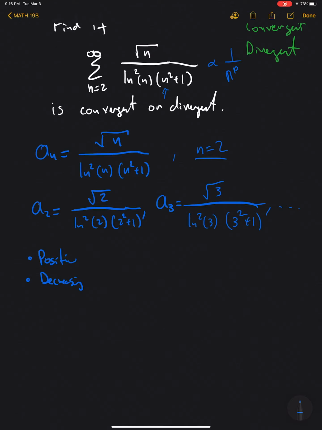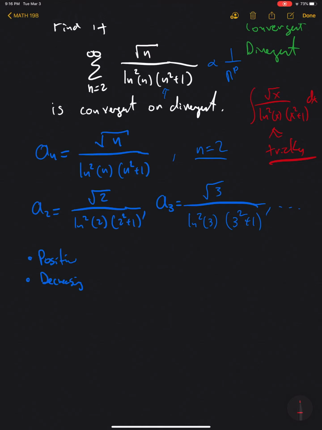I can also think about an integral test, but the corresponding integral, the square root of x divided by the natural log of x squared times x squared plus 1 dx, may be a little bit tricky. So I don't want to go this route.